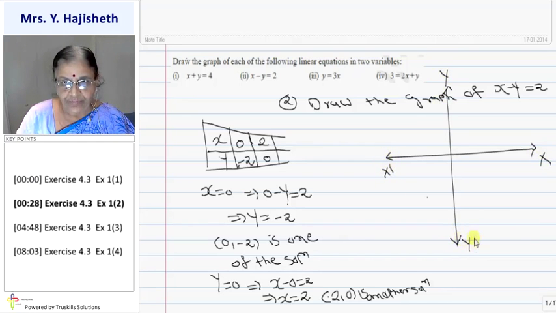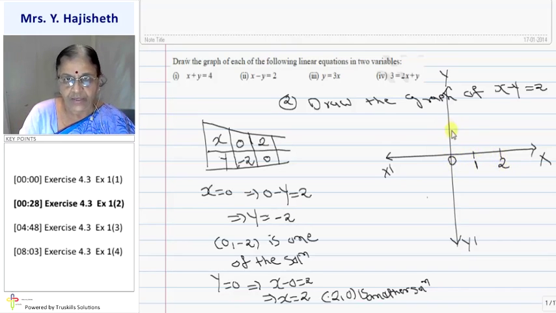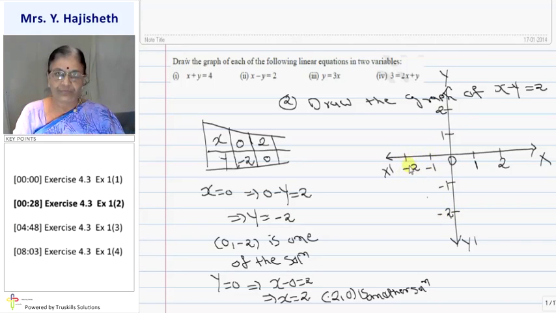This is my positive direction of x-axis where I take. This is where they meet, origin. At distance 1 unit, this is 1 and this is 2. Here also at distance 1 unit, this is 1, this is 2. Scale we are keeping same. 1 is 1 centimeter. This is minus 1. This is minus 2, okay? And this side also I can take, this is minus 1, this is minus 2, and so on.